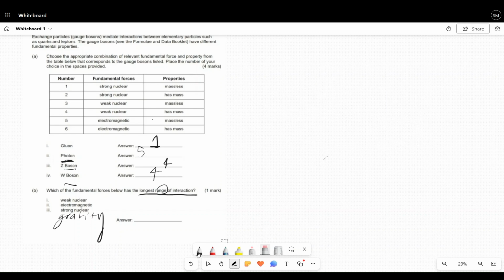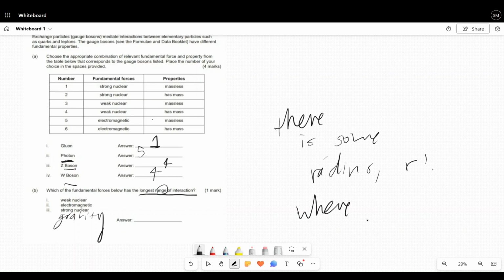Unlike weak nuclear and strong nuclear force, which, as we say, have a confined range, which means there is some radius, let's say r prime, where the strength equals 0 for our purposes, right?